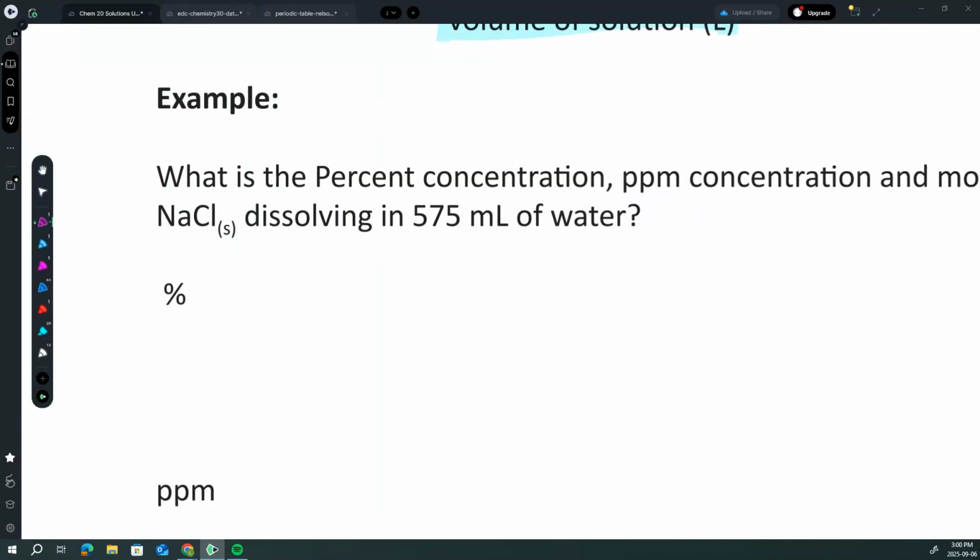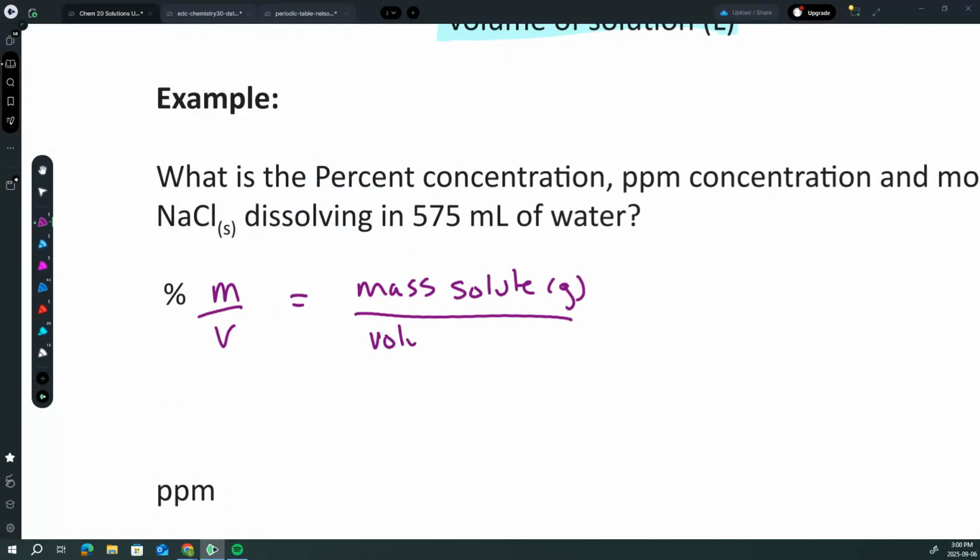This is percent by mass, so this is percent mass by volume. So that's where we have the mass of the solute in grams divided by volume of solution, which I'm going to abbreviate solution to SOLN times by 100.